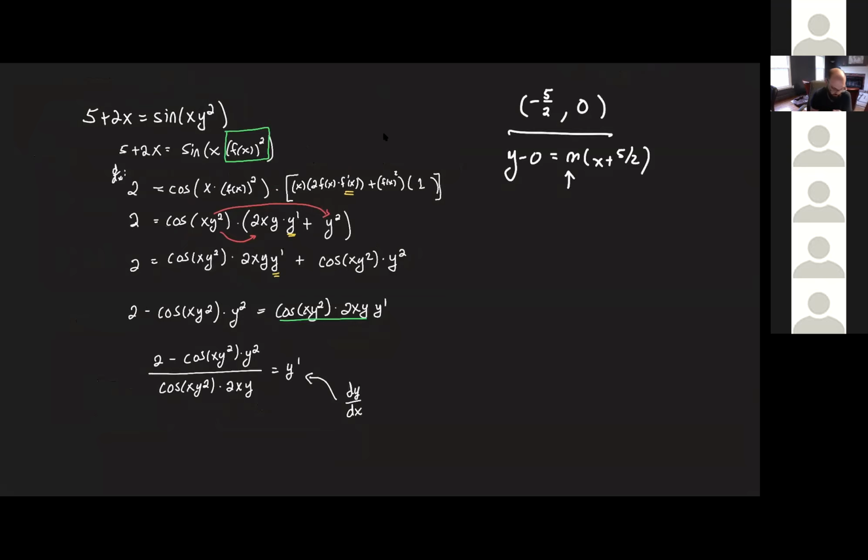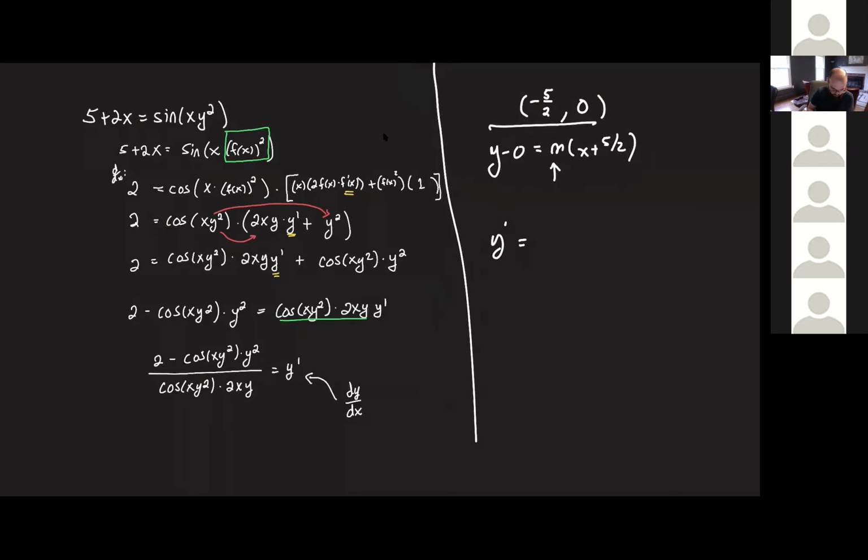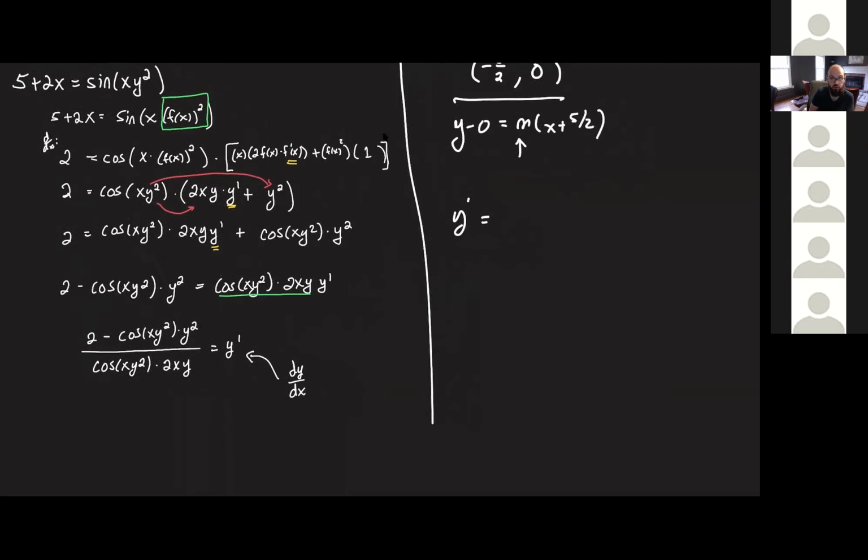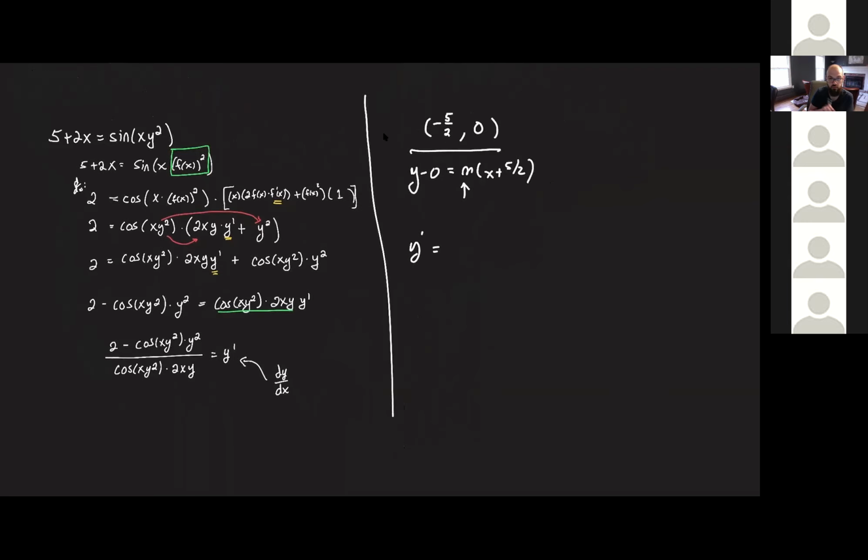So we would come down here, go down to our y prime, and plug all these values in, right? So we would say y prime equals, I'm going to give myself some space here.